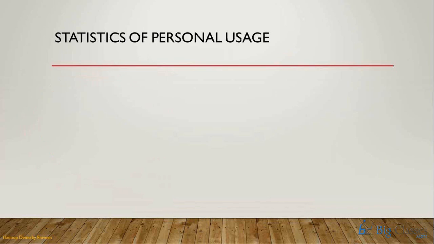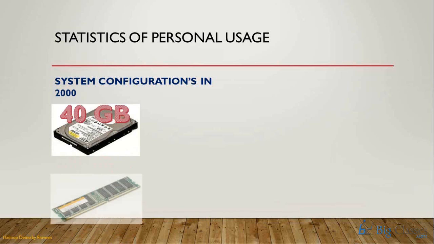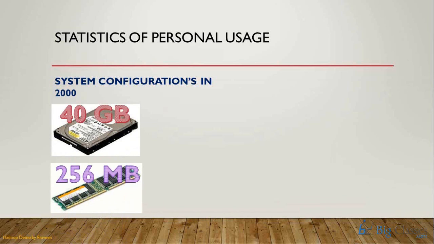If you want to discuss this in more detail, let's go with a very simple example. Everybody might have had the same experience, I guess. I am going to explain my scenario here. I had a desktop when I was doing my MCA around 2002. The configuration was minimal, but at that time it was a high-end configuration, guys. The hard disk was 40 GB and the RAM was 256 MB.